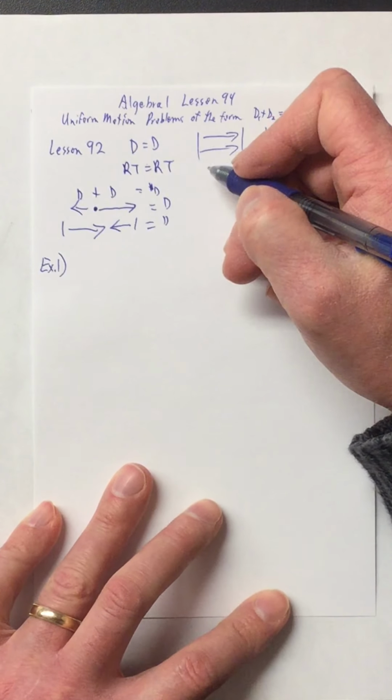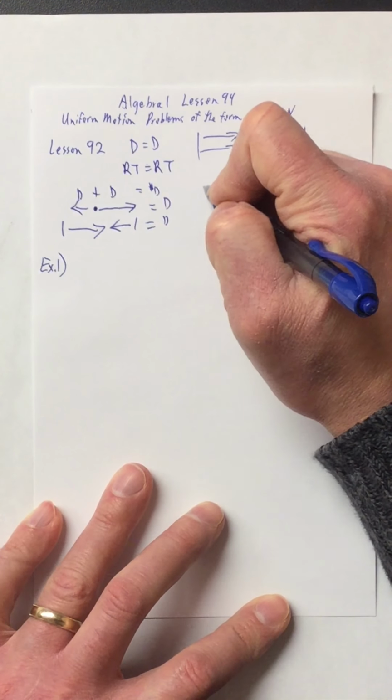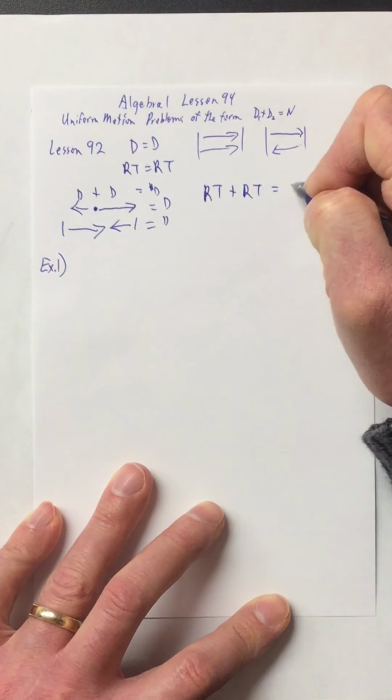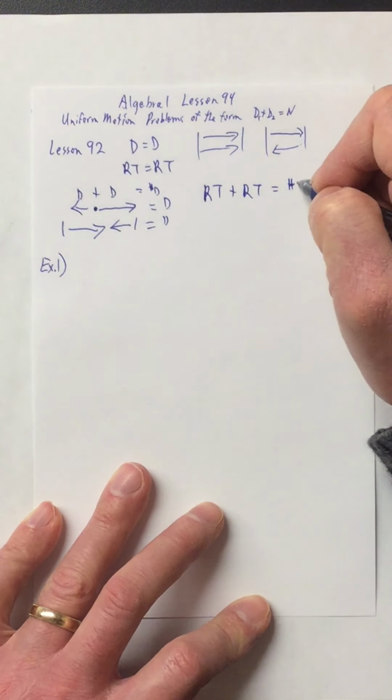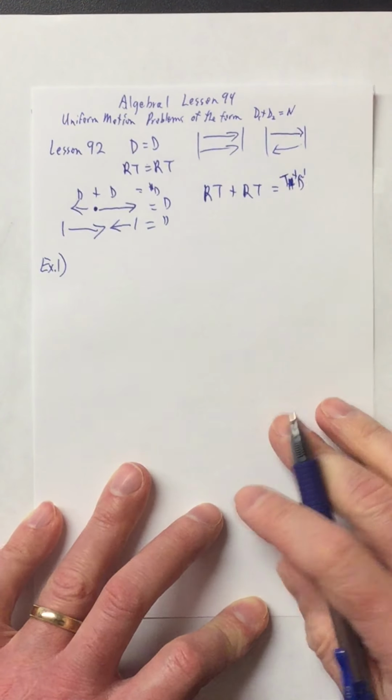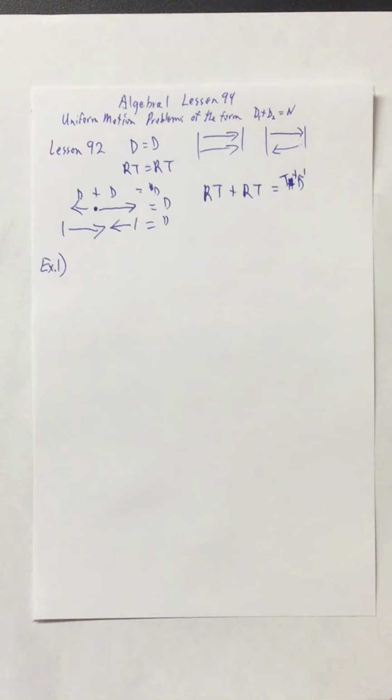Okay, so if we take the distance out and put that into our rate and time, we get rate and time plus the rate and time is equal to a total distance there.